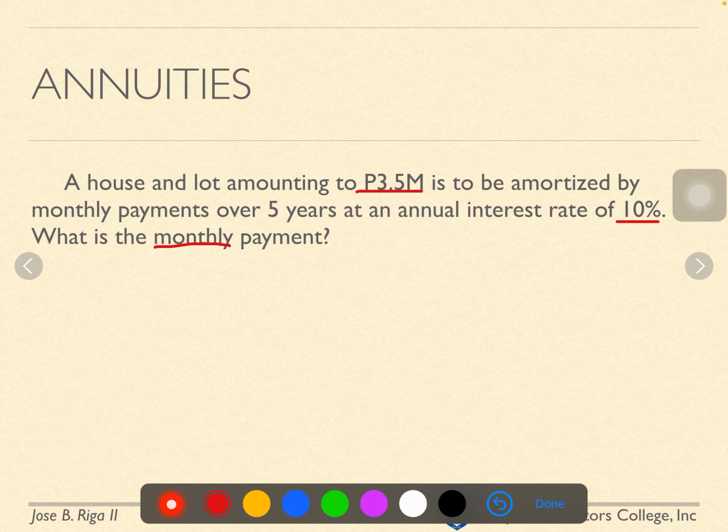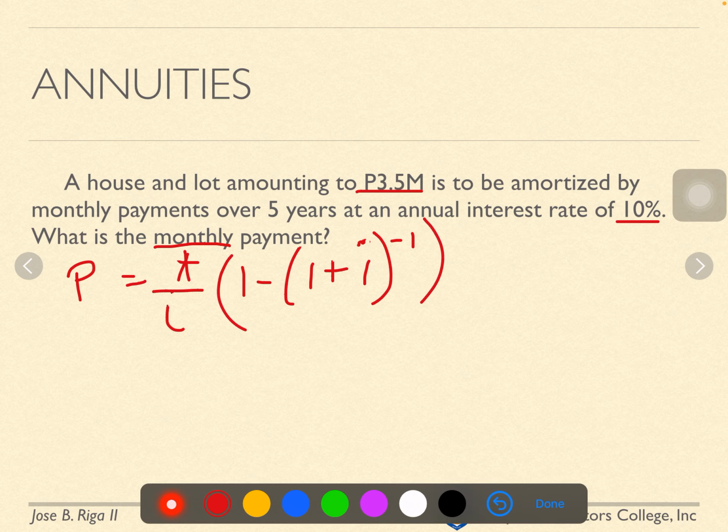Our formula is P equals A over i times 1 minus (1 plus i) raised to the power of negative n.